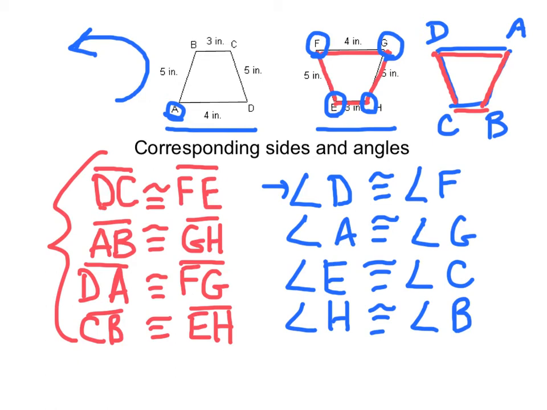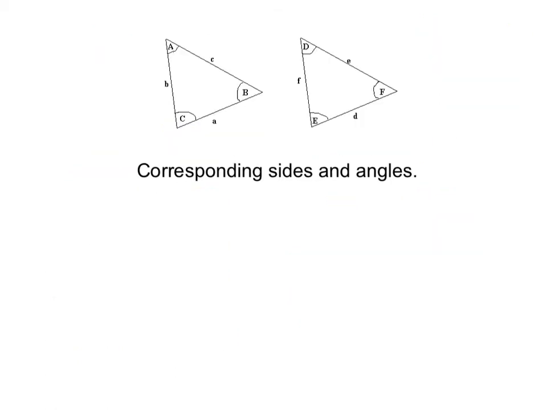Okay, so let's try another one. Let's list the corresponding sides and angles for these two triangles. This time they're both facing the same direction, so we don't have to worry about rotating them around. Let's start with the sides.